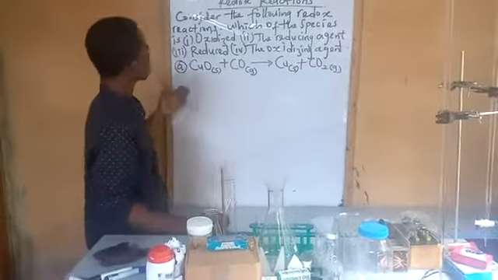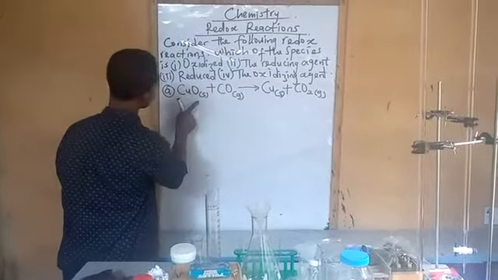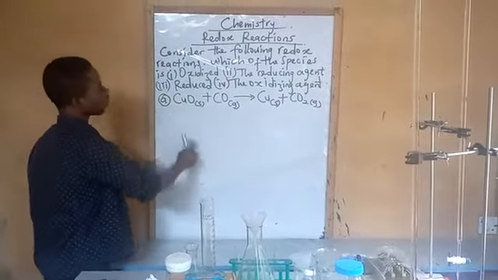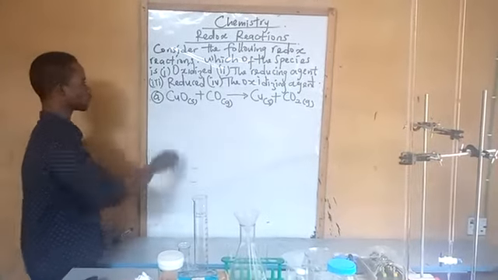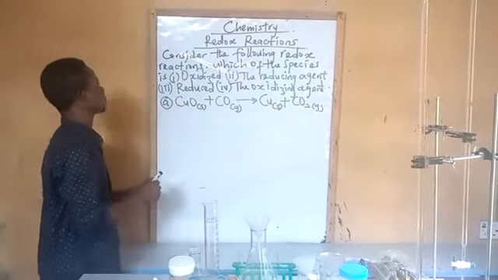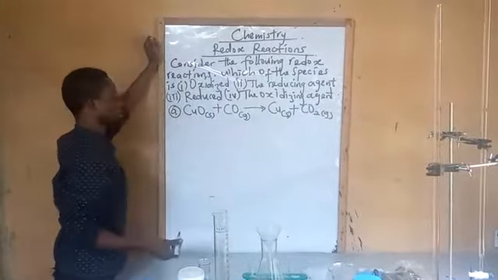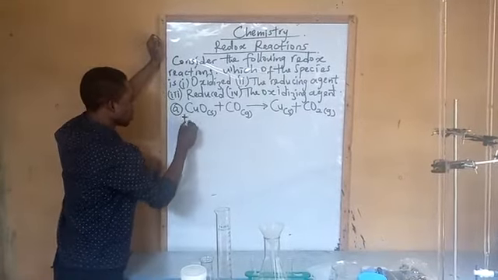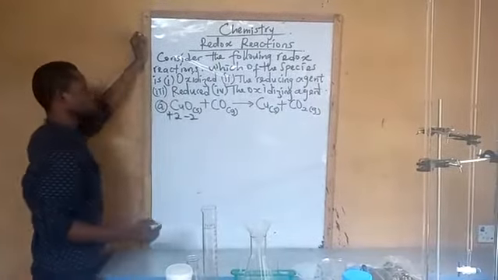Now let's come to these equations here. When you look at this one, this is copper 2 oxide. We have to write the oxidation number under it. Copper 2 oxide, oxygen is -2, as you all know.